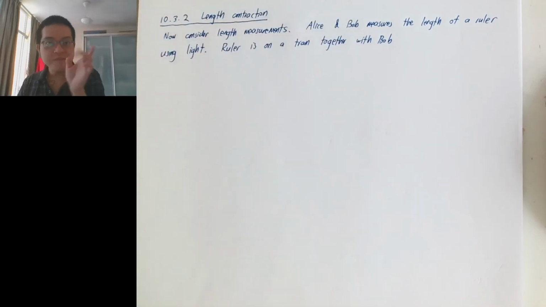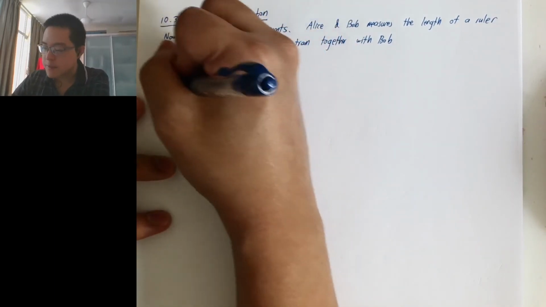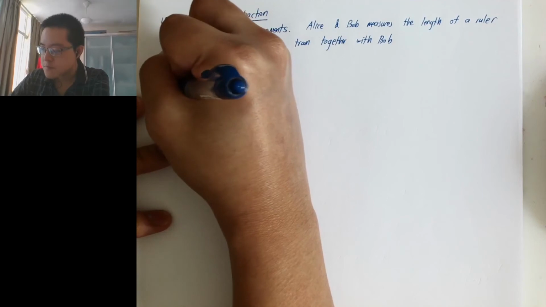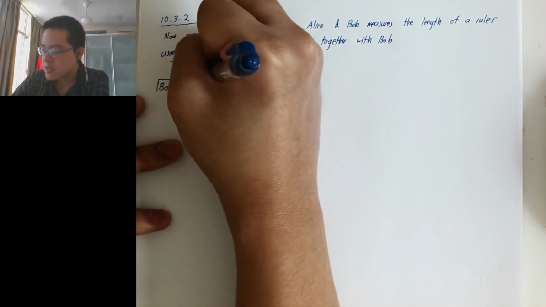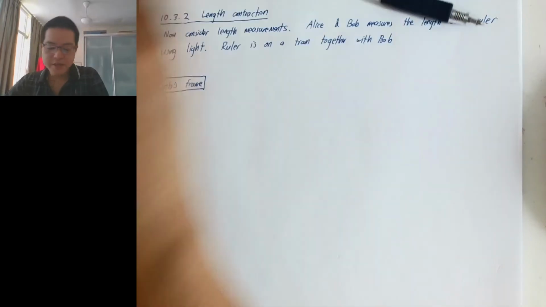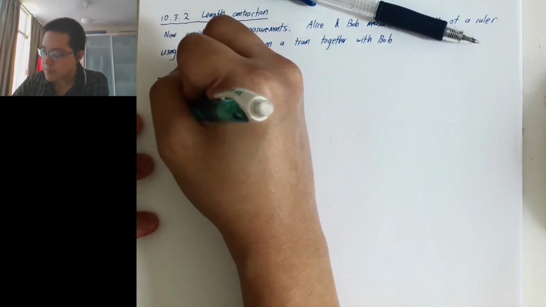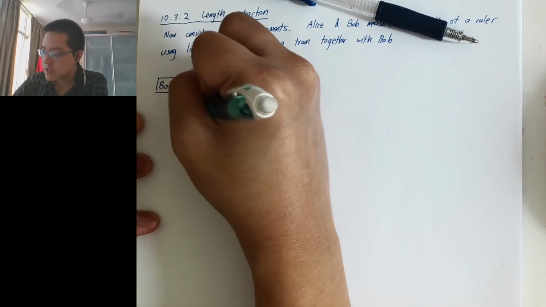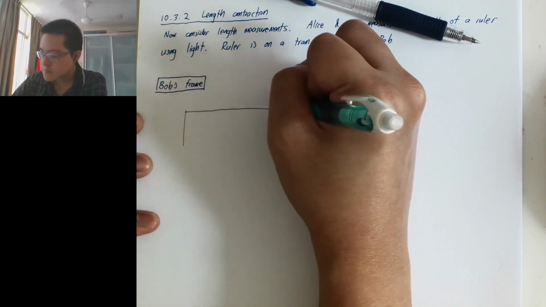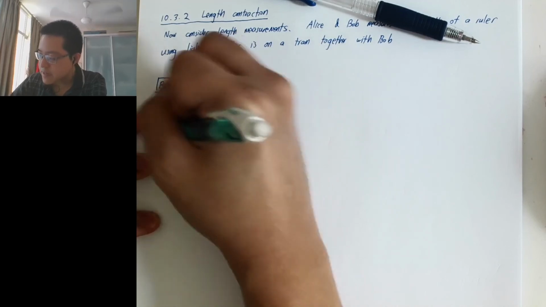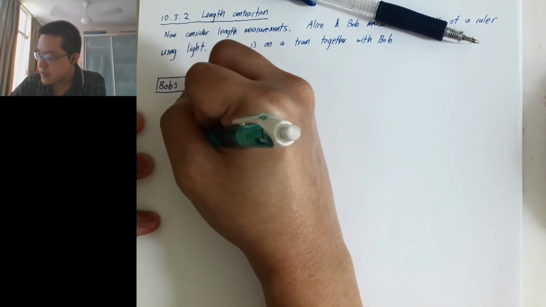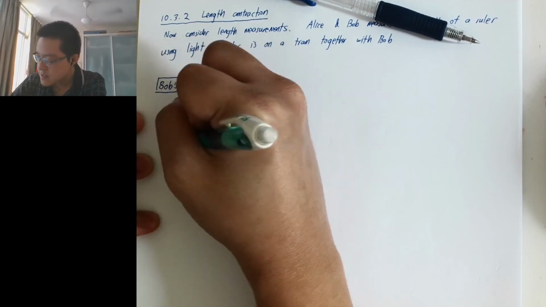Okay, so for length measurements, let's see what happens in Bob's frame. So both of them attempt to measure a ruler. So let me draw the situation here. Bob is on a train, and now I shine a laser in this direction. So the laser is here, and this is my rod.